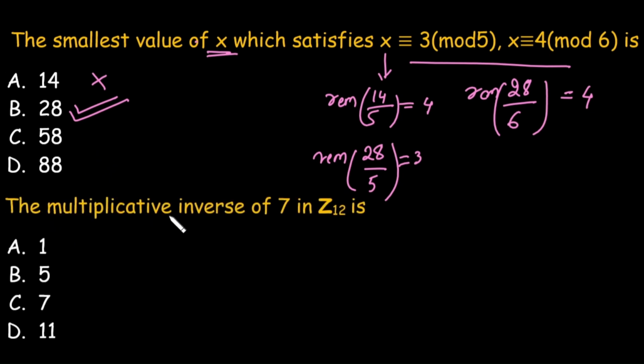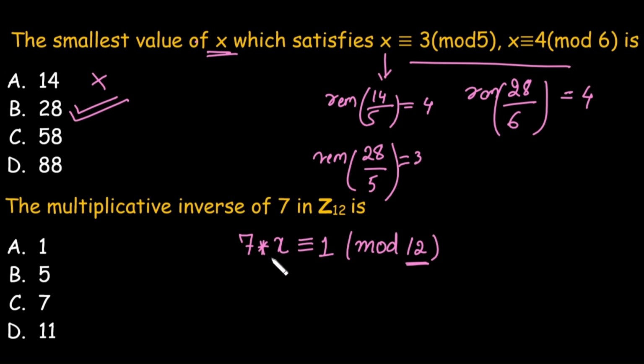Next is, what is the multiplicative inverse of 7 in Z12? What do you mean by multiplicative inverse? Simply, we just need to identify 7 is multiplied with which number that is congruent to 1 mod 12. Because Z12 indicates that we are dividing by 12. We need the inverse of 7, which means we need to multiply with 7 and it should be 1.